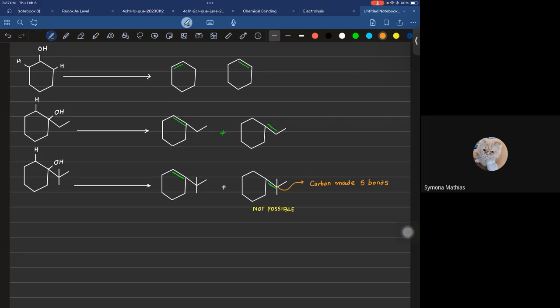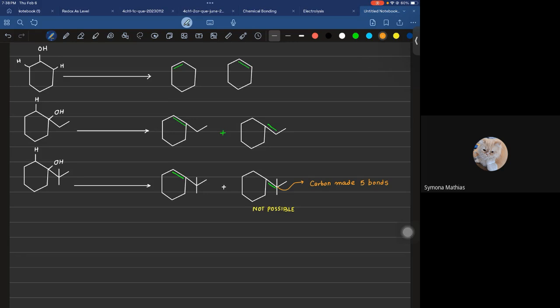Carbon can only make 4 bonds. तो भाई देख लेना बनाने से पहले कि is this possible structure or not. That's why sometimes dehydration is possible and sometimes dehydration is not possible. Okay. So iska khayal karna.